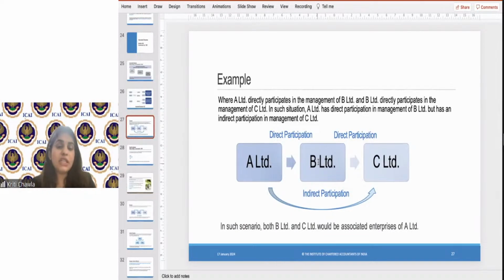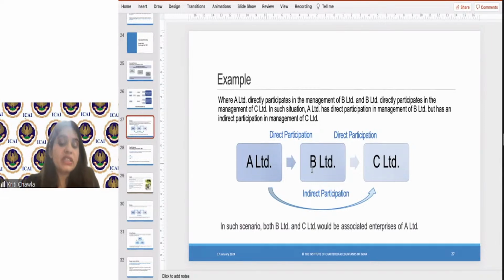Then company B directly participates in the management, control, and capital of company C. So company A participates in company B, and company B has direct participation in company C. Then, by virtue of section 92A1, company A is also indirectly participating in company C. And in this particular scenario, both company B and company C would be related to company A.